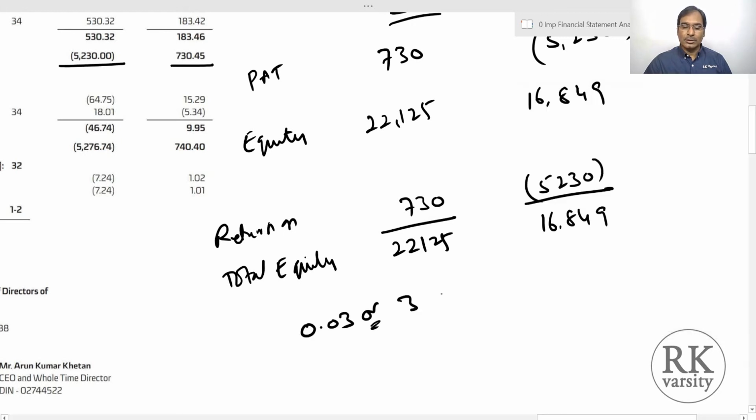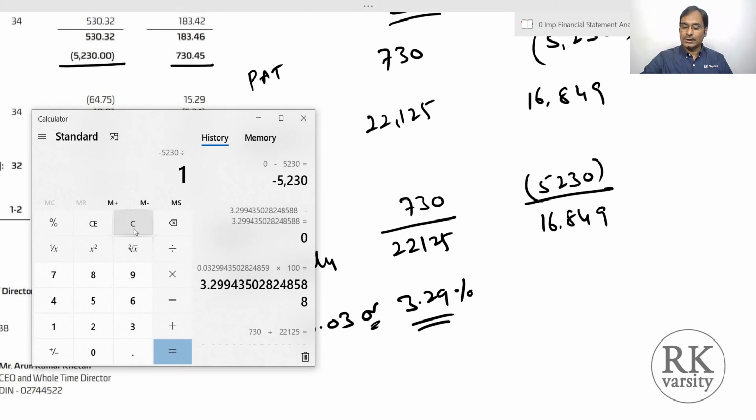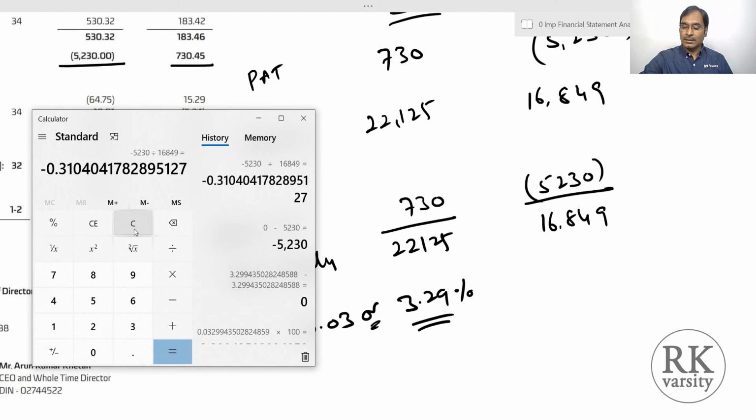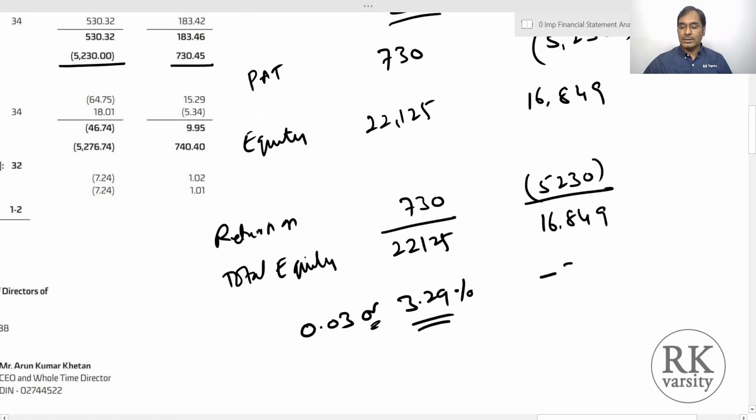So 3.29% is the return on total equity in the financial year 2019, whereas for this year it shows a negative return on equity. Minus 5,230 upon 16,849, into 100, so minus 31%. The return on total equity is minus 31% in the financial year 2020.